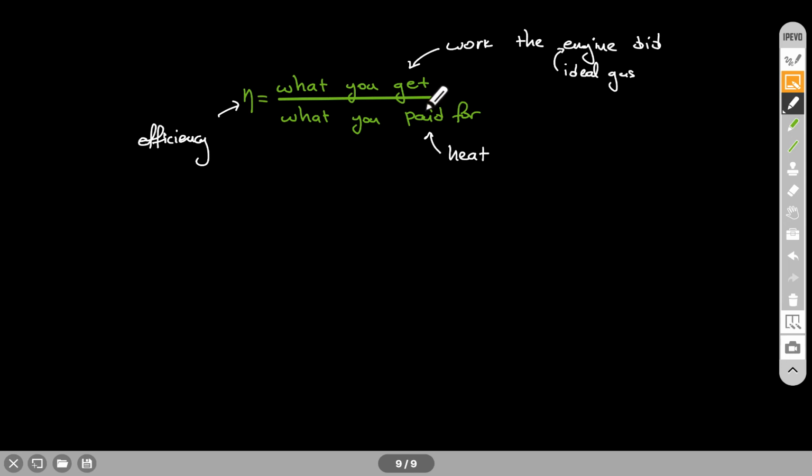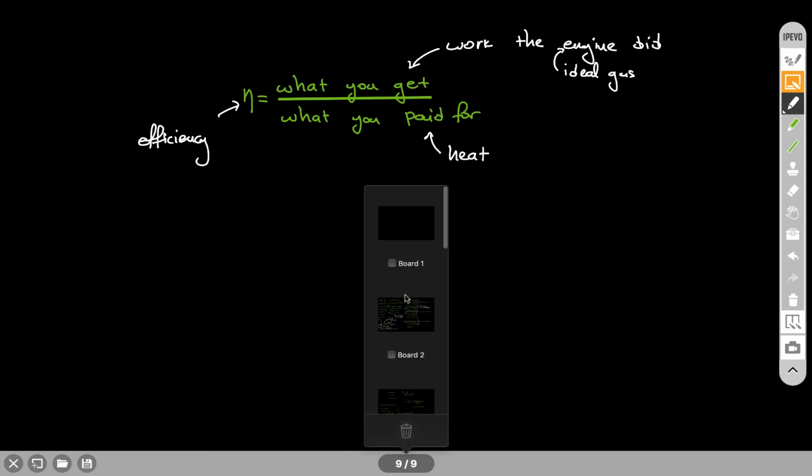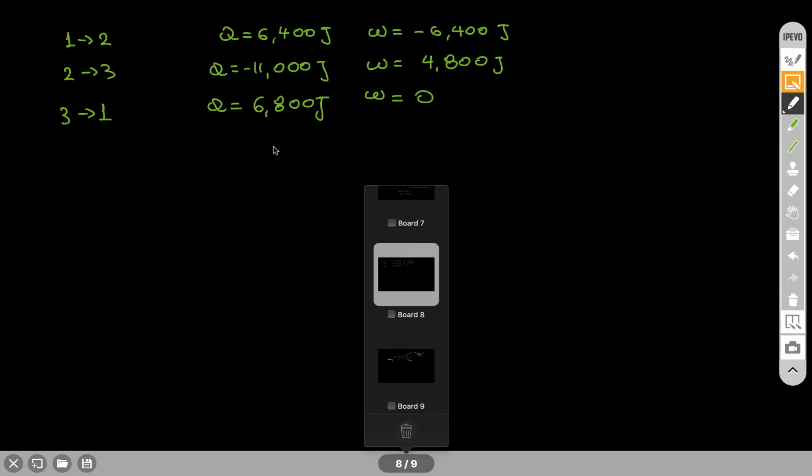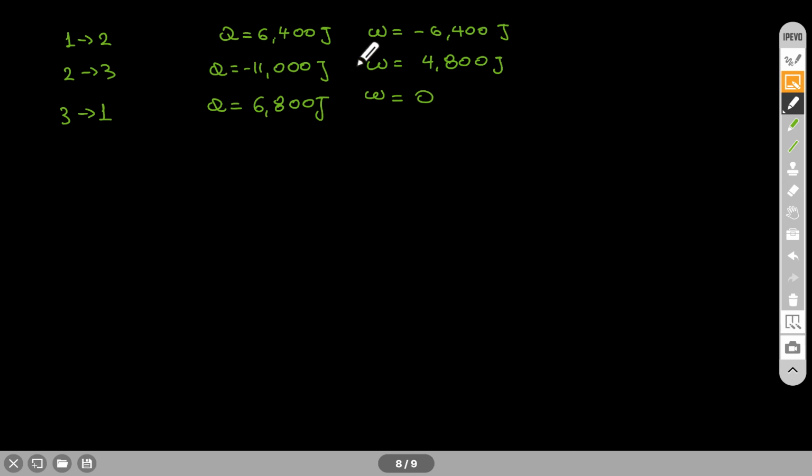What I will show you in the next few minutes is how you can calculate efficiency for the example that I went over in my previous videos. Now I summarized here the Q and the W, heat and work, for the three processes of the ideal gas engine that I have analyzed so far.